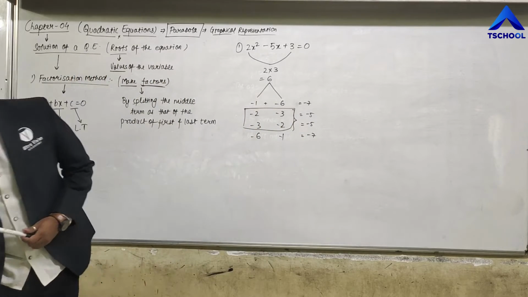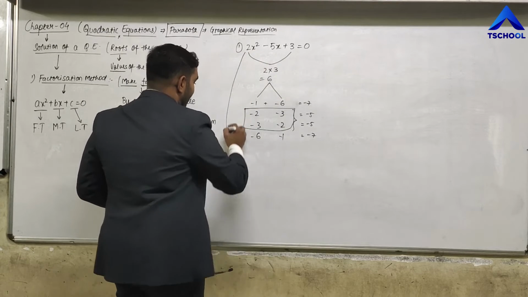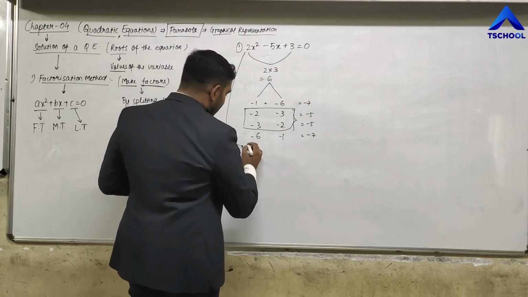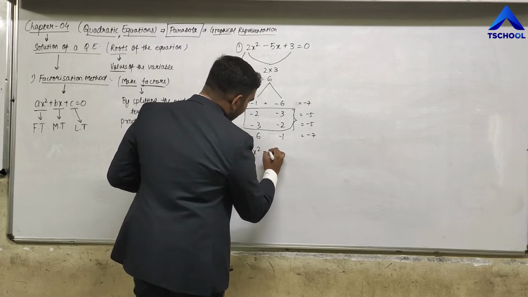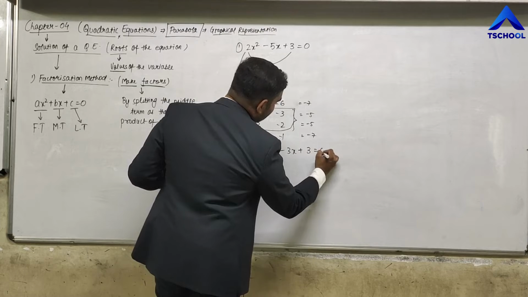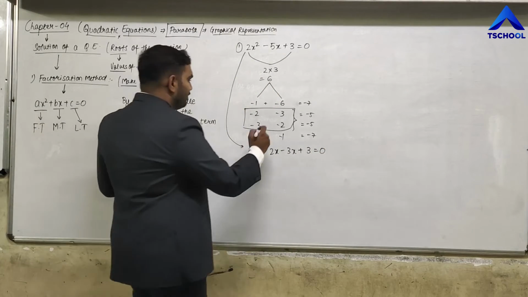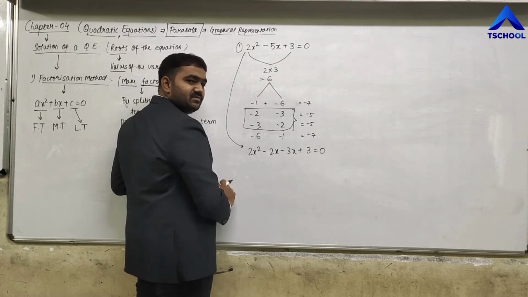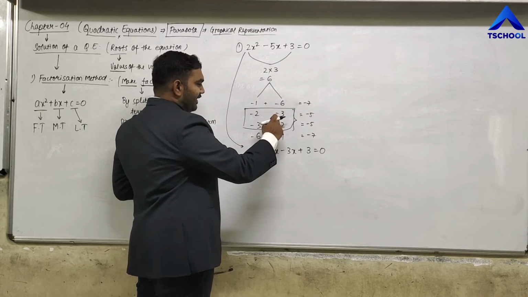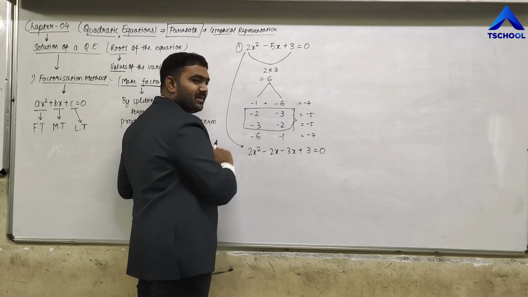Yes or no? So after writing this down, I shall come back to this question, that the factors here are 2x square minus 2x minus 3x plus 3 is equal to 0. Now you can look here, minus 2 into minus 3 is 6, right? And minus 2 plus minus 3 is minus 5.